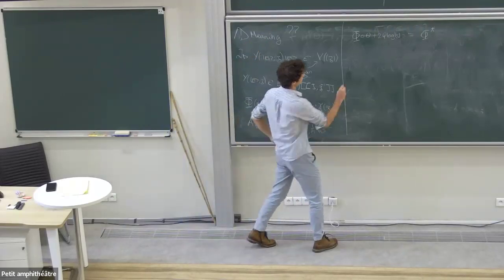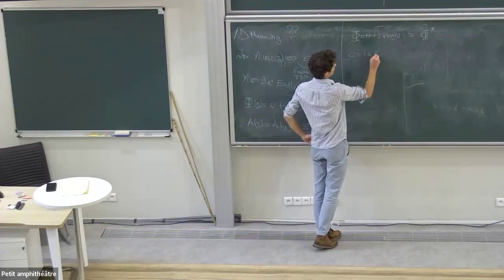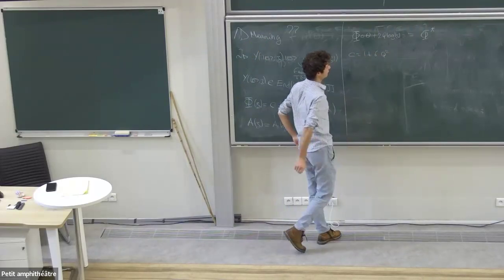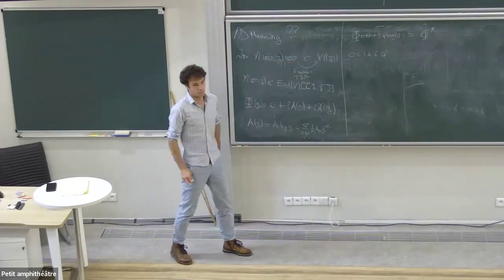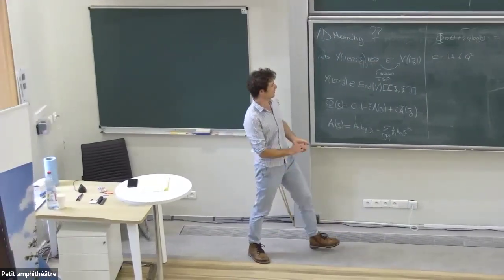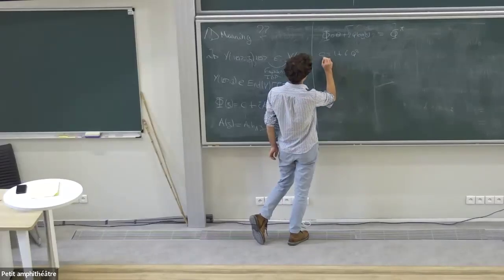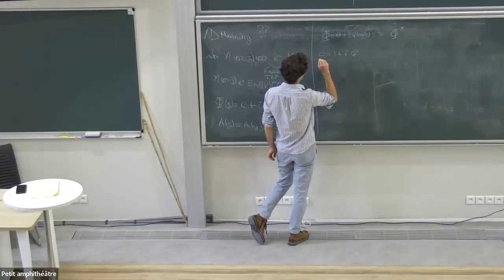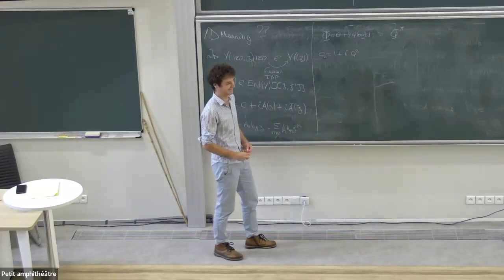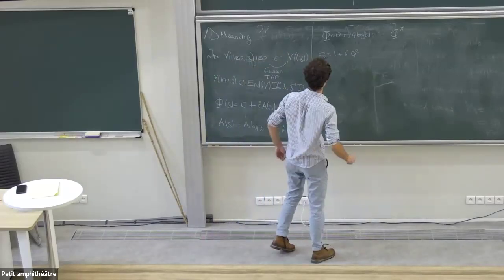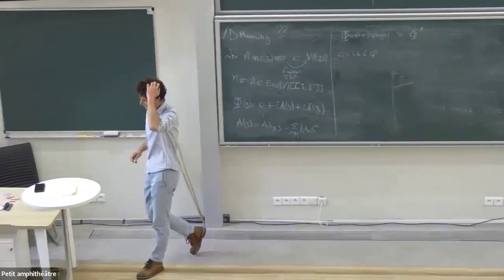The central charge is 1 plus C Q squared, sorry, I forgot to say that. But C is not the same as C there. It's a worse notation as well, but yeah, it's not the same thing.